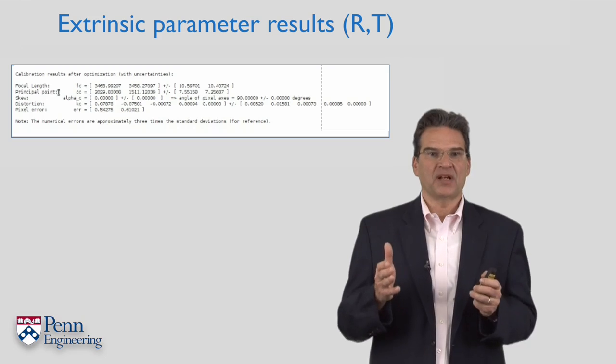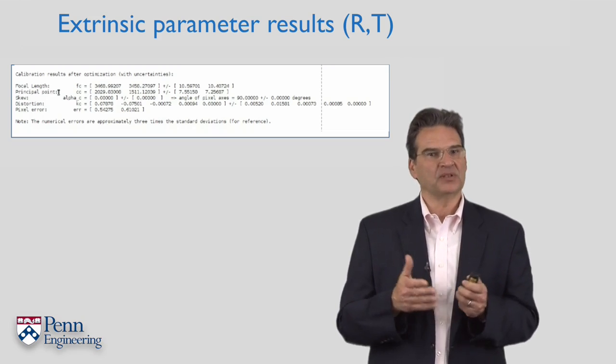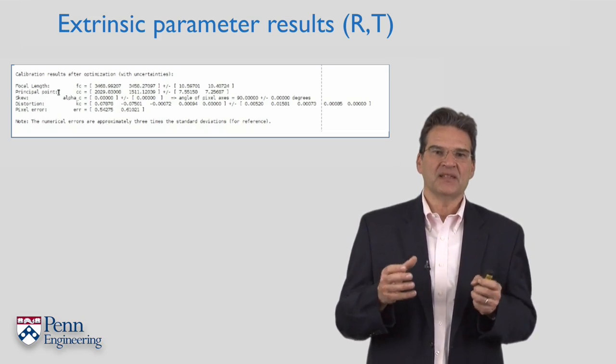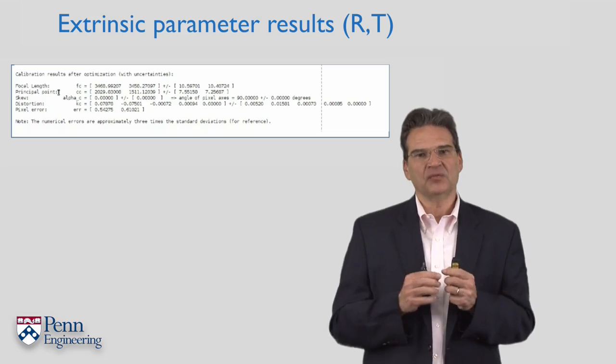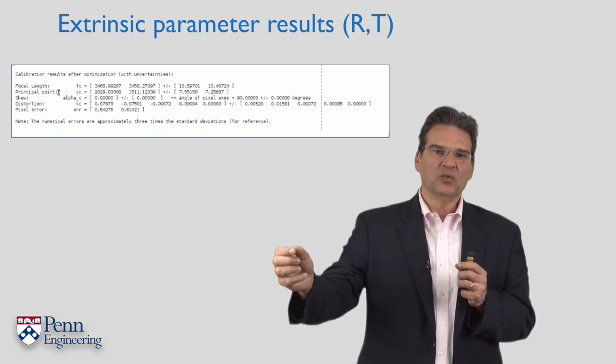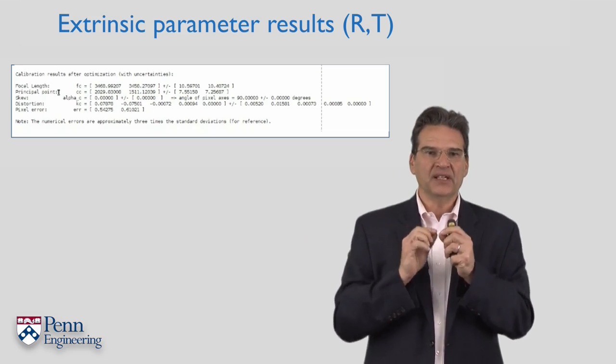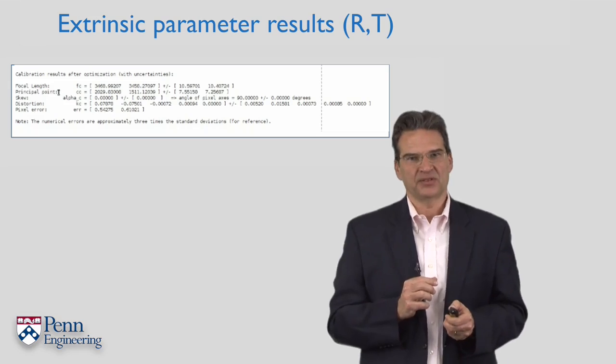The reprojection errors are these last two values in pixels. You really want them to be very small. This is the optimization criterion to find these parameters: if we take the points in the world and apply the estimated parameters, they will fall very, very close to the original pixel positions.